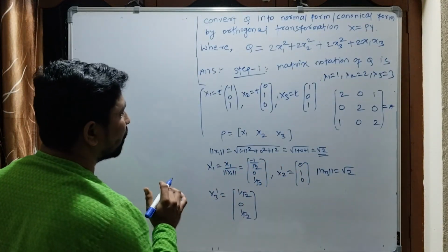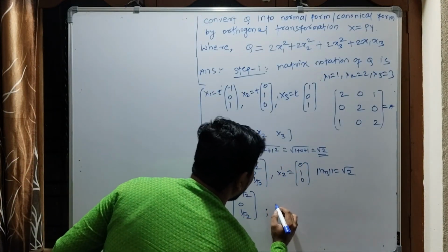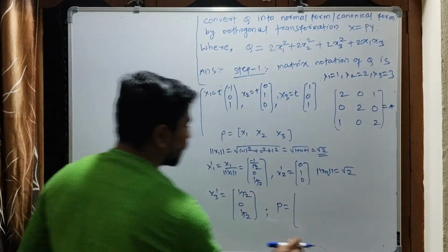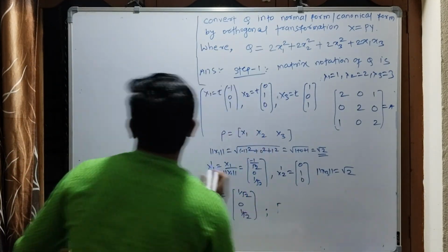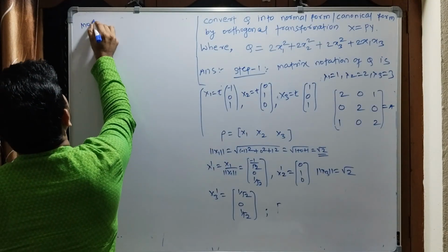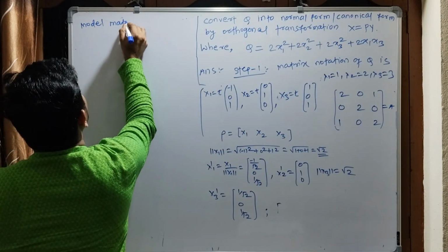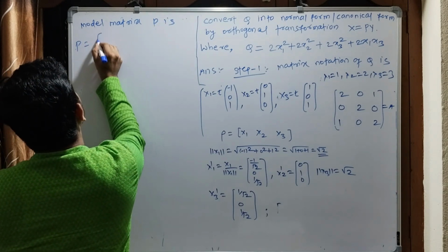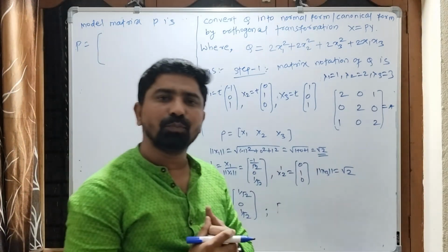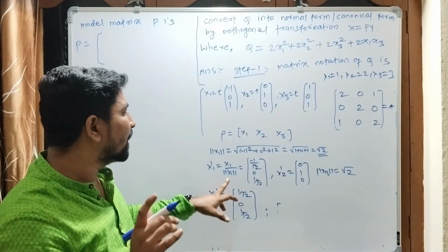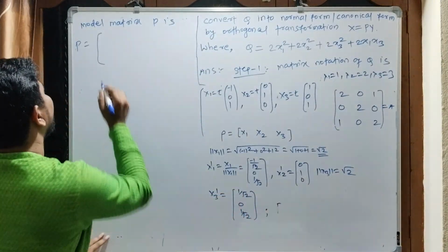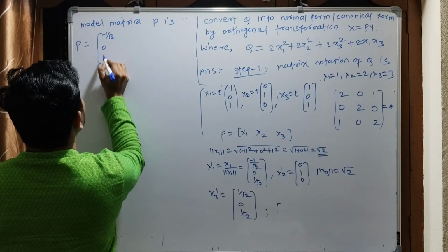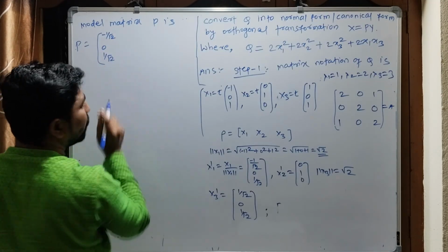Now I want to form the model matrix P. In my model matrix P, the first column is the first normalized eigenvector, that is minus 1 by root 2, 0 and 1 by root 2.